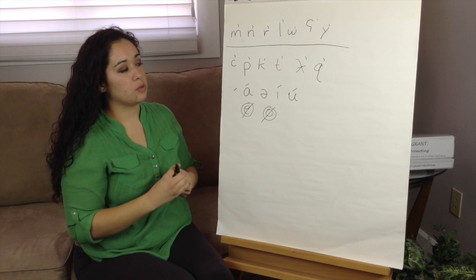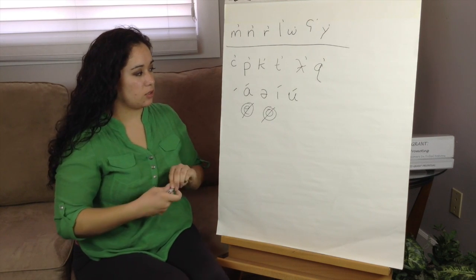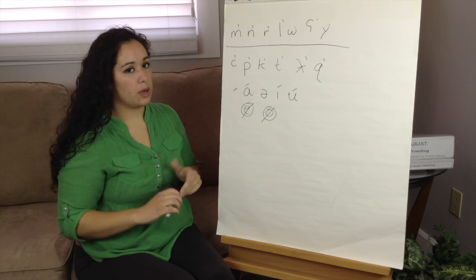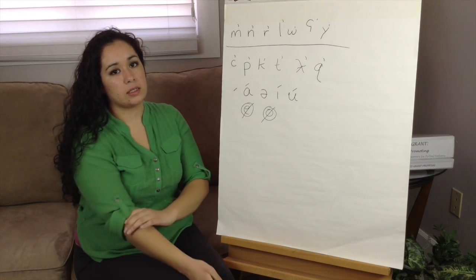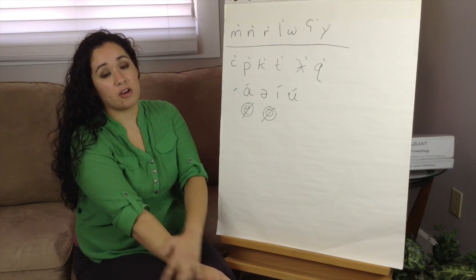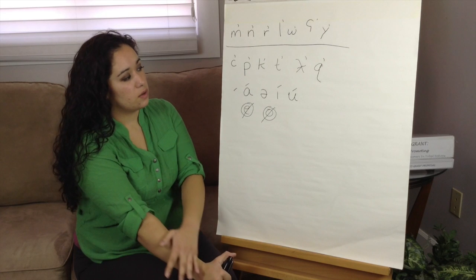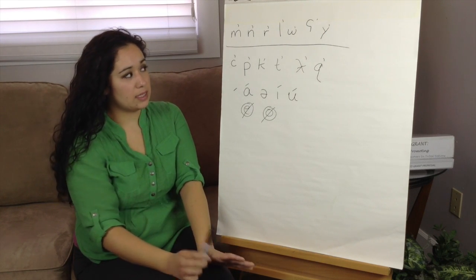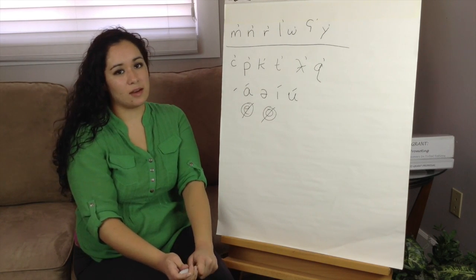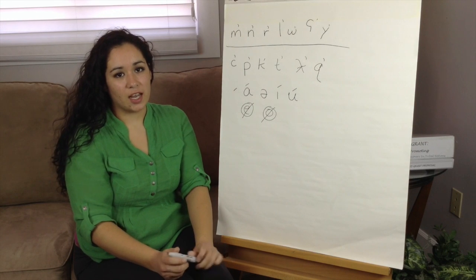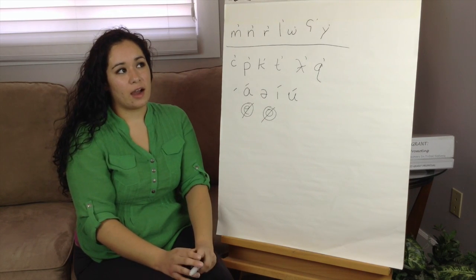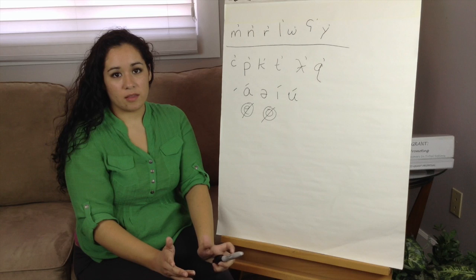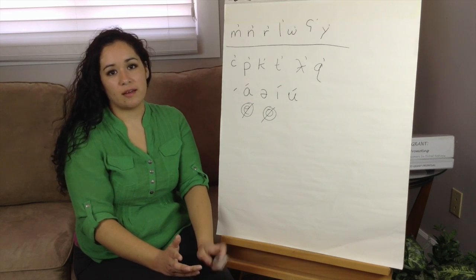And basically what stressing is, it tells you which vowel you're going to emphasize in a word. So the example that I like to talk about is Chef Boyardee, and I grew up hearing it, oh, let's have some Chef Boyardee in a can.